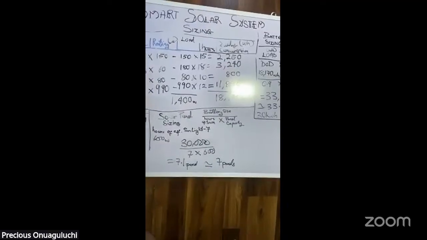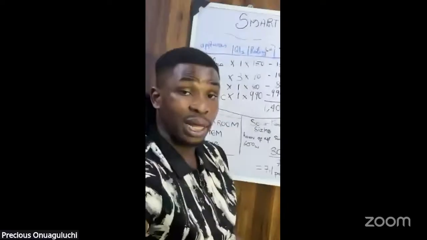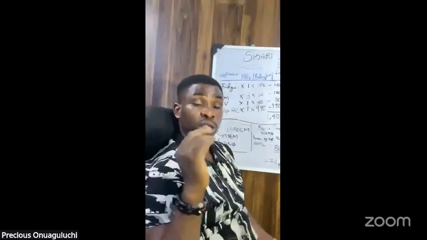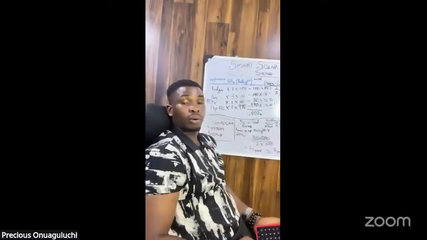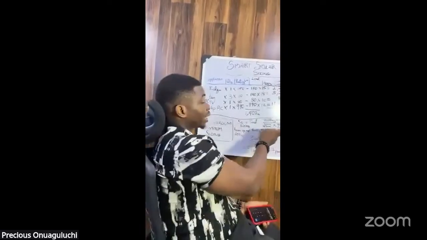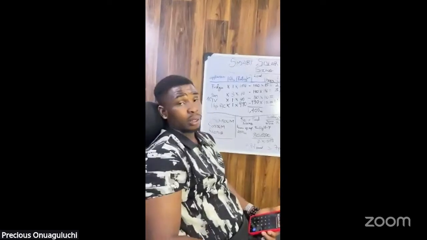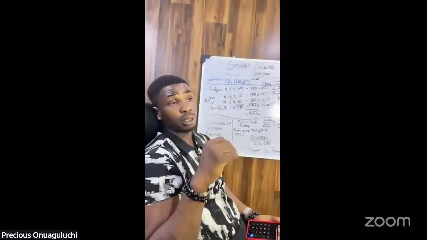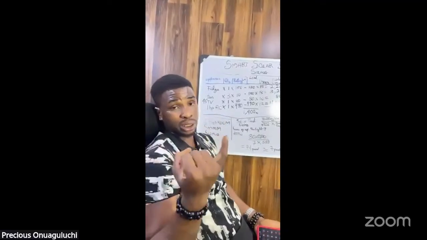Now this is where some installers or technicians miss it. In theory, we need 7 panels, but there's one thing this formula has not factored in. It's not just a Nigerian factor, it's a normal phenomenon. One, inefficiencies.